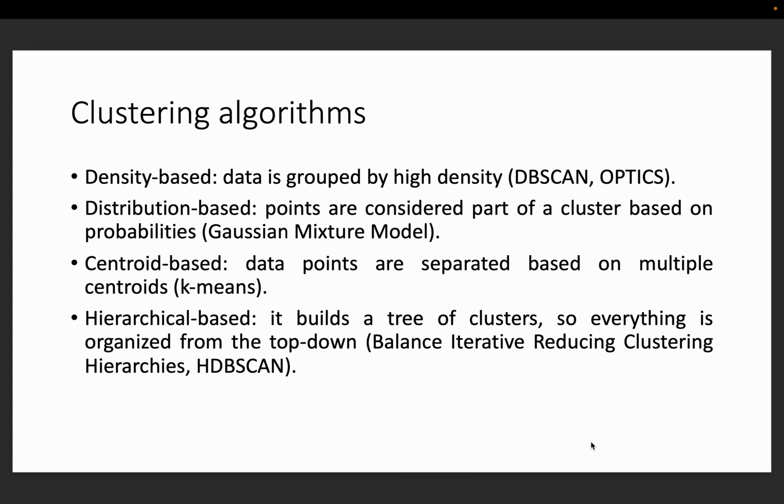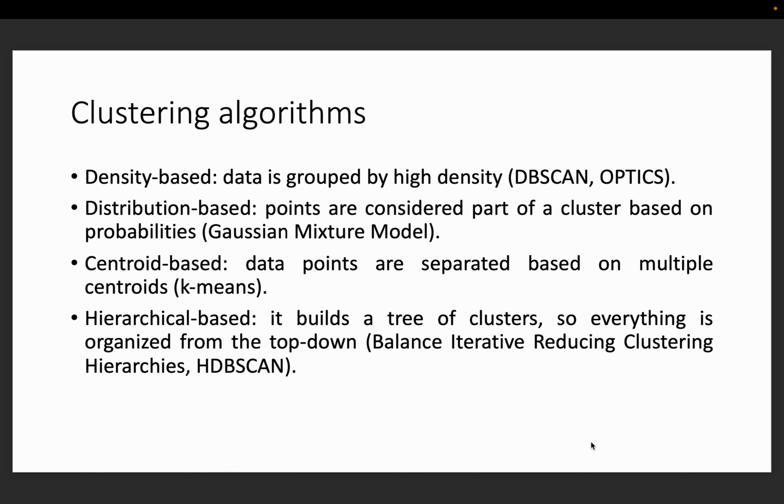Then the clustering algorithms. There are many clustering algorithms, many density-based like DBSCAN and OPTICS, which try to find high densities of data. Many are distribution-based, like the Gaussian mixture model, which assumes that data comes from a Gaussian model, for example.